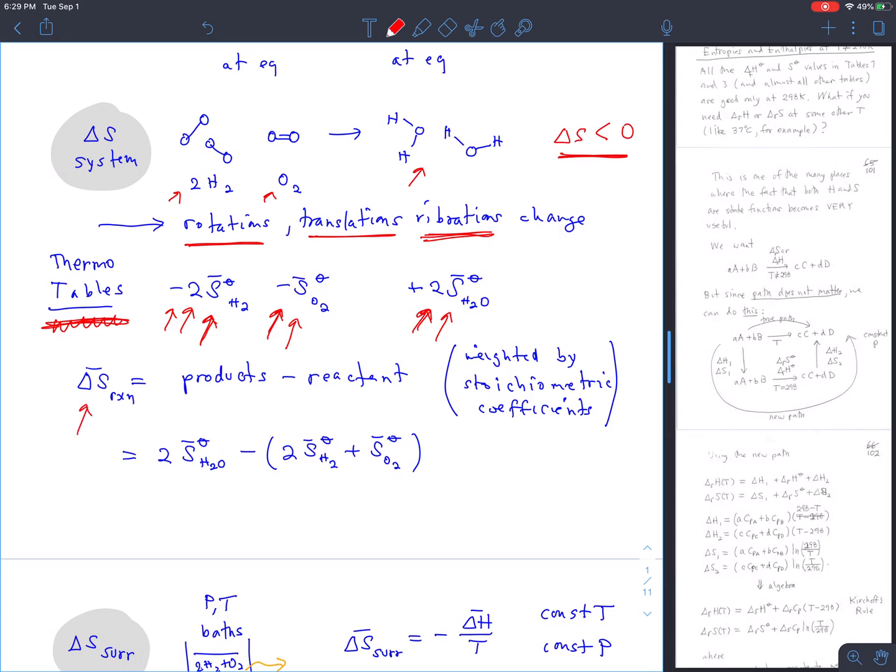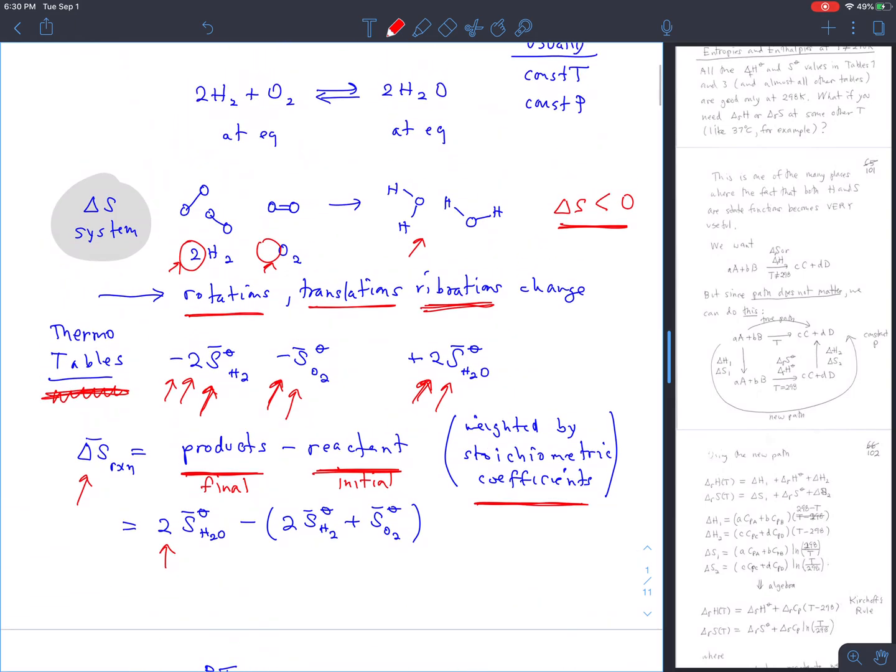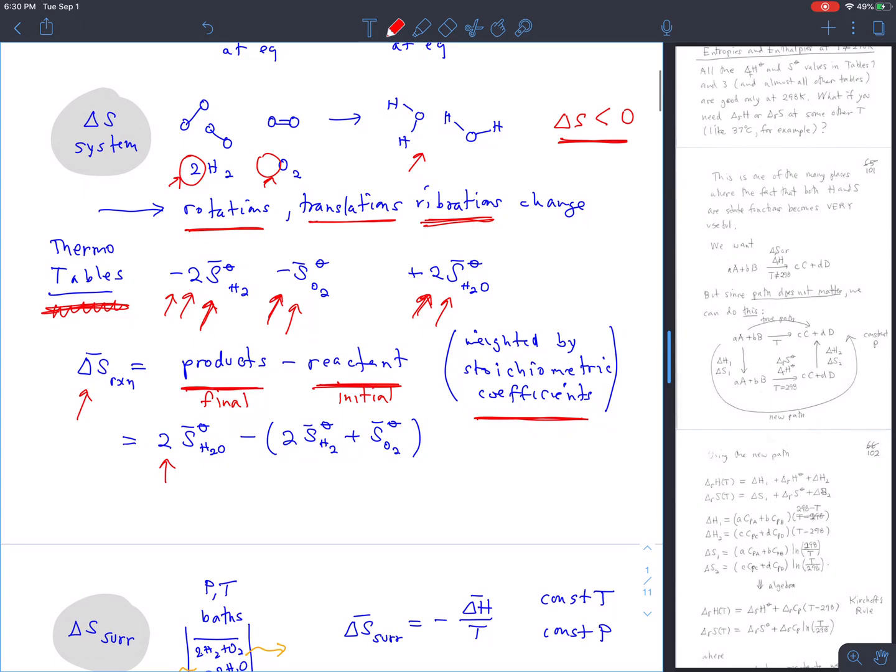The rule is that the delta S of reaction is the entropy for the products minus the entropy for the reactants, right? It's always final state, and that's the products, minus the initial state, and that's the reactants, weighted by stoichiometric coefficients, and that just means multiply by the stoichiometric coefficients that are present on every species.